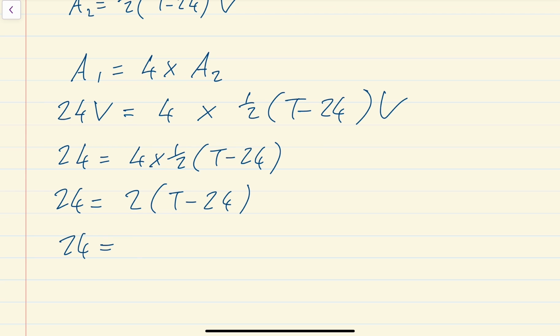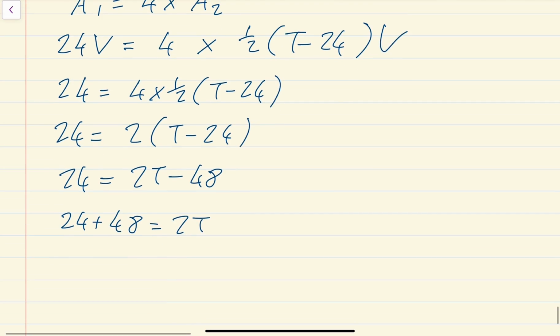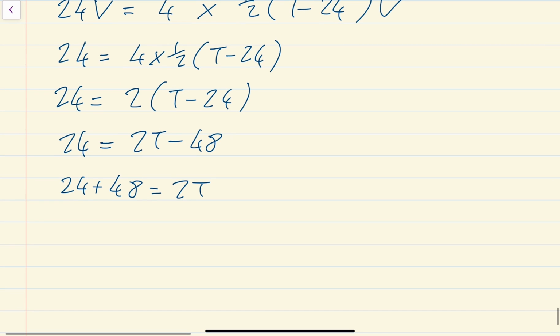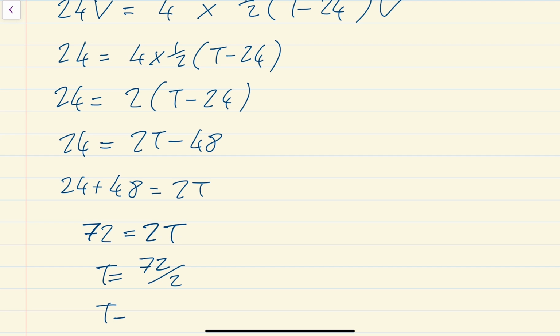So 24 is equal to 2t minus 48. Bring that 48 across: 24 plus 48 is equal to 2t. 20 plus 40 is 60, 4 plus 8 is 12, 60 plus 12 is 72, is equal to 2t. So your t is 72 divided by 2. T works out to be 36 seconds.